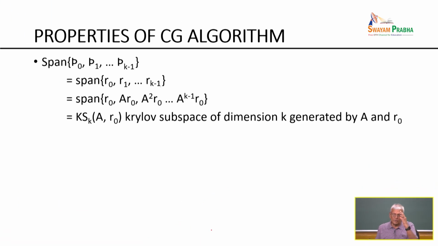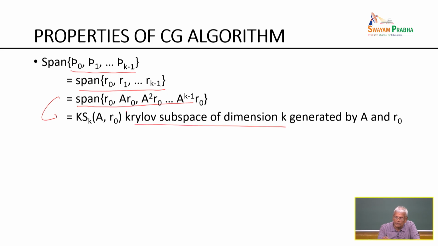There are a few other properties I would like you to verify. The span of P0, P1, P2, up to P(n-1), the whole space, is also equal to the span of R0, R1, up to R(n-1). It is the same as the span of R0, A R0, A squared R0, up to A to the power of k-1 R0. This span in mathematics is called the Krylov subspace.